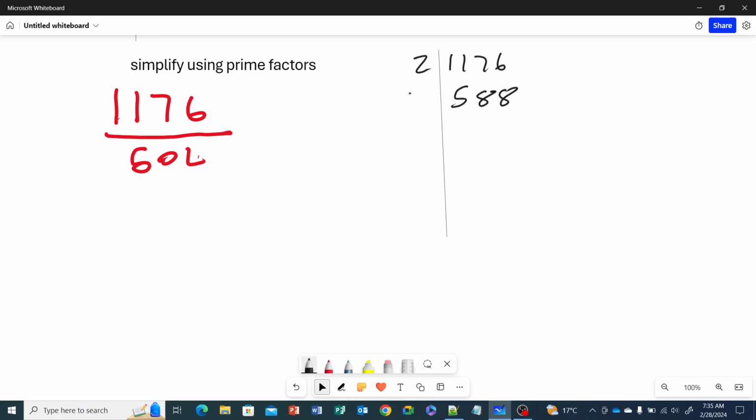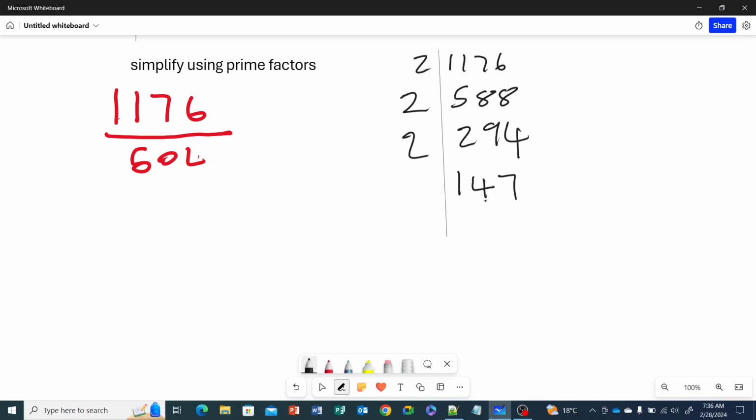Okay, so your 588 is an even number. You can divide by 2. So you'll see your 588 divided by 2 and you'll get 294. Okay, now 294, is it even? Yes. So how much do you divide with? By 2. So when you divide 294 by 2, you're going to get 147.